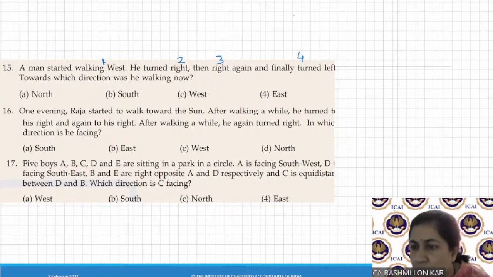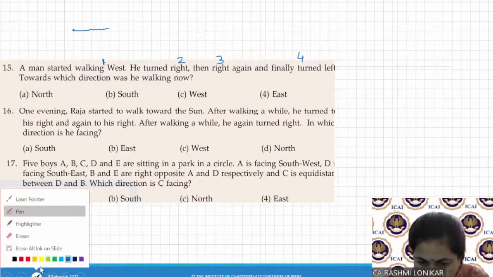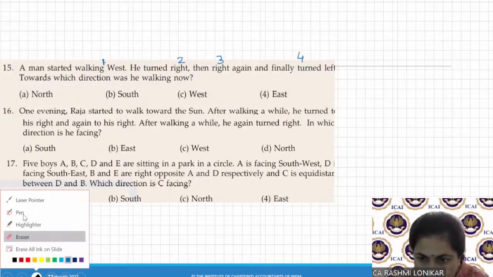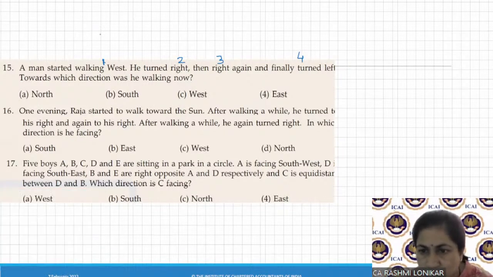Okay. The man is over here. Okay, he's walking west. So man is walking to the west. So west is in the left direction.